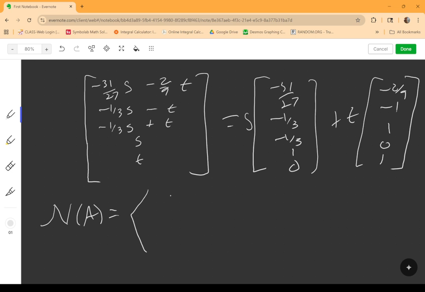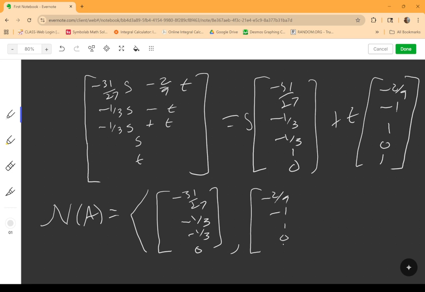We could say the null space is just a span, with S and T equal to 1 for the generating vectors. Because what's a span but the set of all linear combinations? That's what we have here.